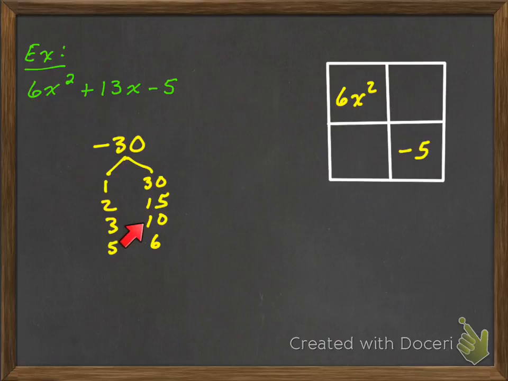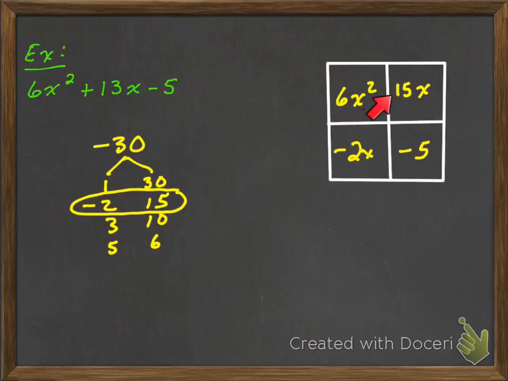That won't give us a 13. But 2 and 15 will, if we make the 15 positive and the 2 negative. So in one of the boxes we're going to put 15x, and the other box we're going to put negative 2x.